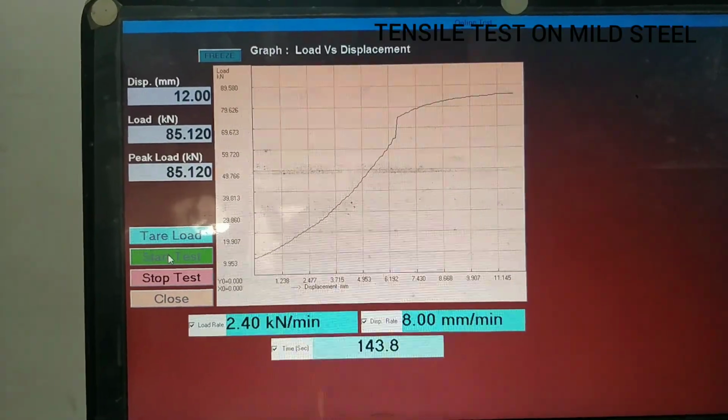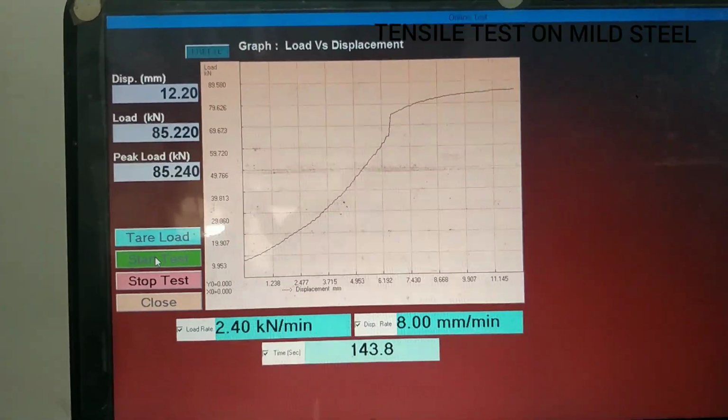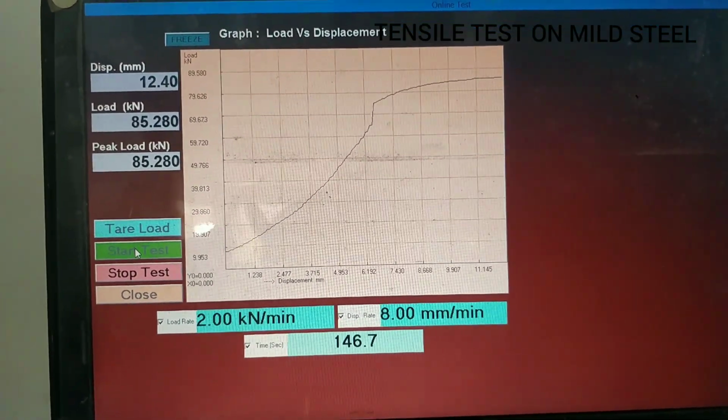After increasing beyond a certain point, it remains stable at that point and moves gradually.